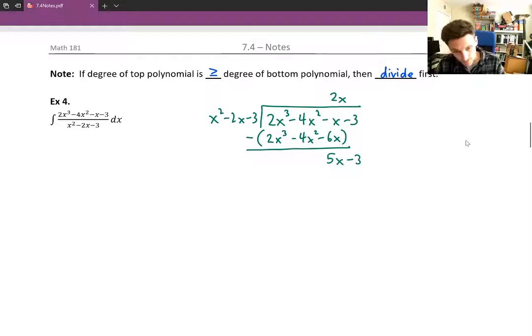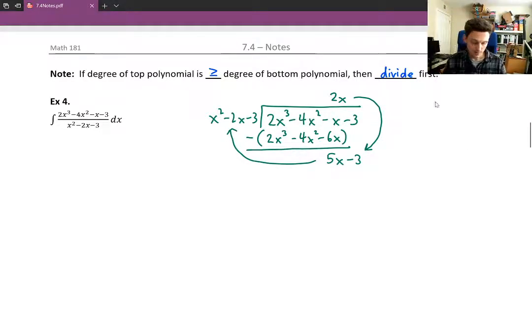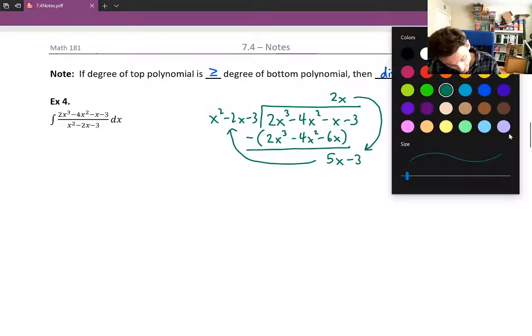So then to write up the answer to the long division, we write 2x plus (5x minus 3) over (x squared minus 2x minus 3). In other words, the quotient plus the remainder over the divisor. So that's what we're going to do as a first step.